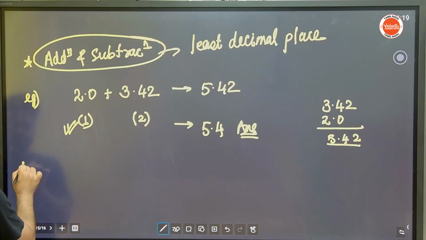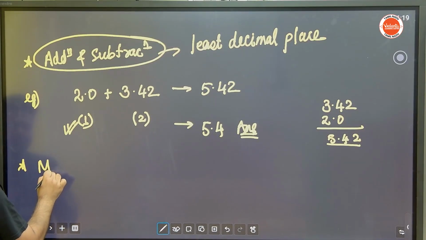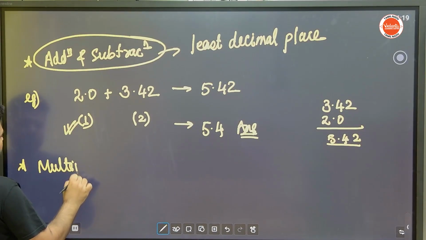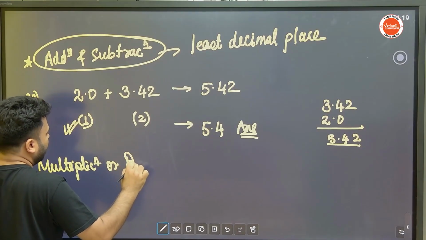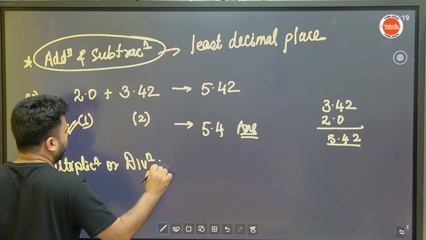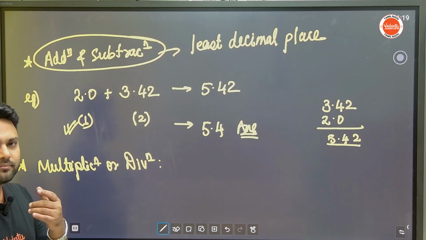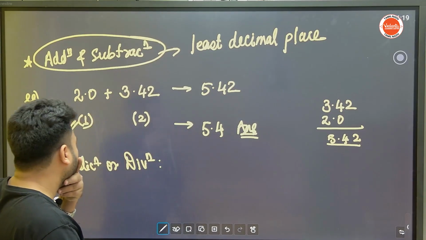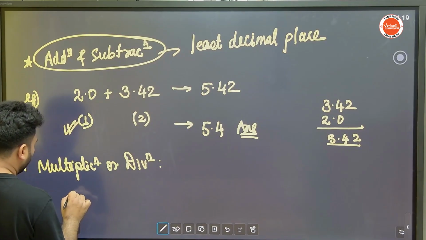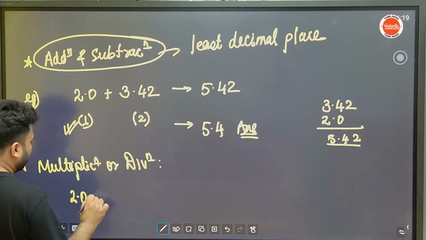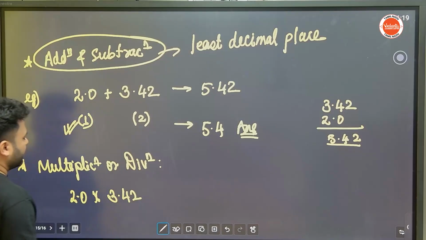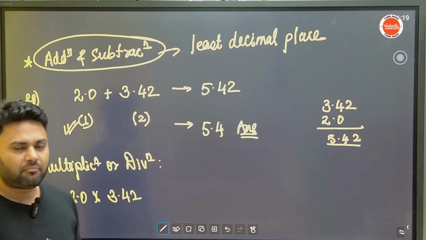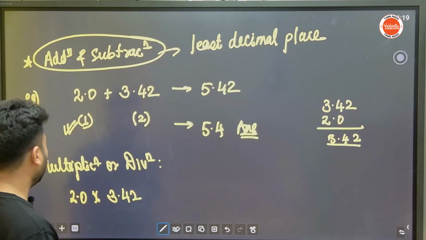Now if you have multiplication or division, there is a little bit of change in rule. Correct? Like for example, 2.0 multiplied by 3.42. If someone asks, so how are we going to do?